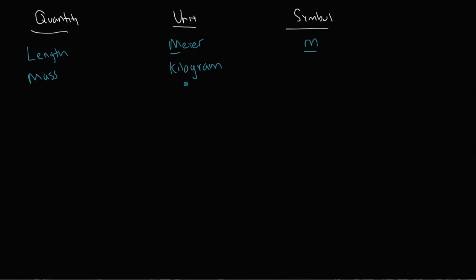MKS stands for meters, kilograms, and seconds, while CGS represents centimeters, grams, and seconds. They both are a part of the SI unit as a whole, but the SI units only include MKS. So for kilogram, we take kg.